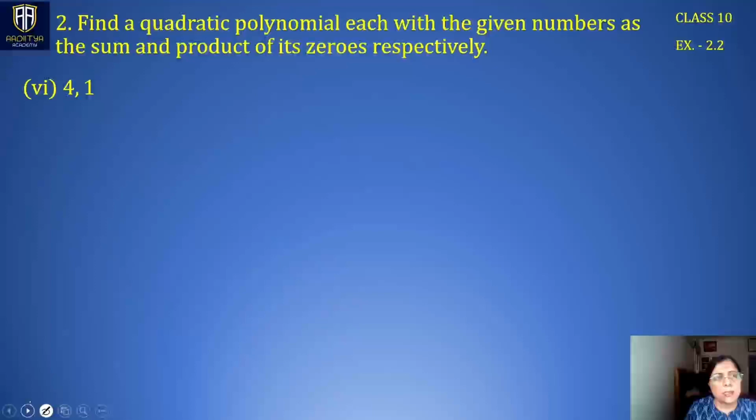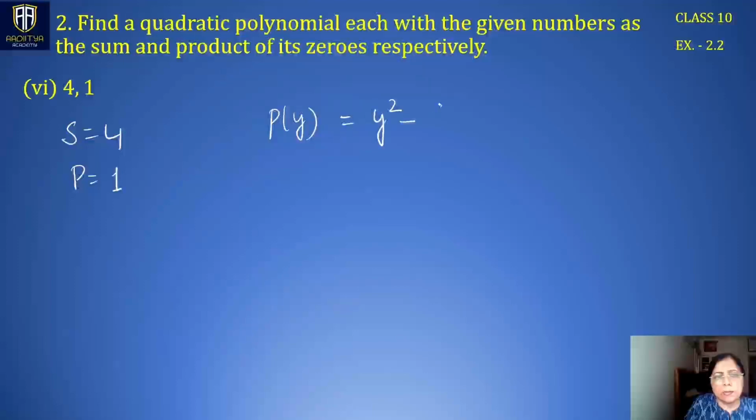And the last question says the sum is given as 4 and the product is given as 1. So I can write p of y here. That means we have y square minus sum of roots multiplied by y plus product of roots. Right? So now substitute the values here. You can use any variable to form the quadratic equation.